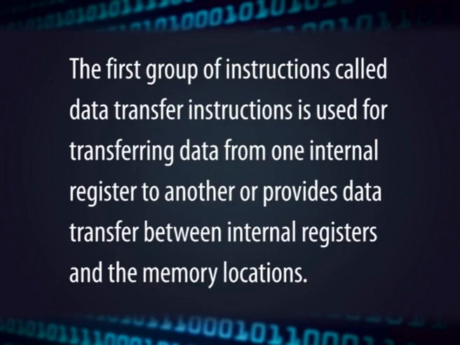The first group of instructions, called data transfer instructions, is used for transferring data from one internal register to another, or provides data transfer between internal registers and memory locations.